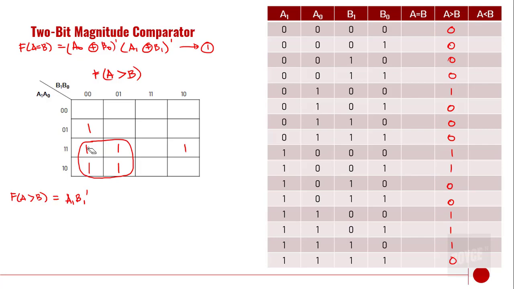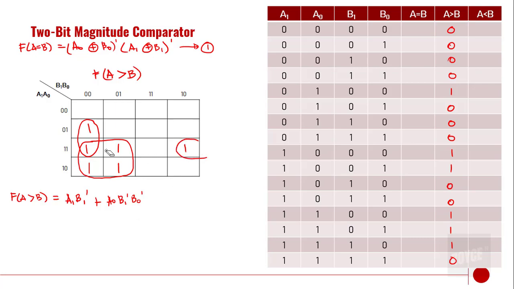Okay? And then, ito, another grouping. So let's write it na ulit. As you can see, ang hindi nag-change is A sub 0, B1, tsaka B0. So this would be A sub 0, B1 prime, B0 prime.